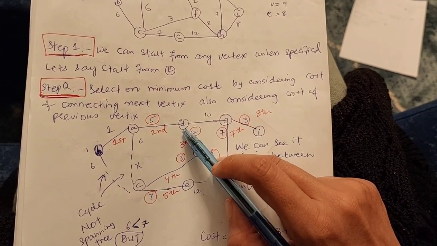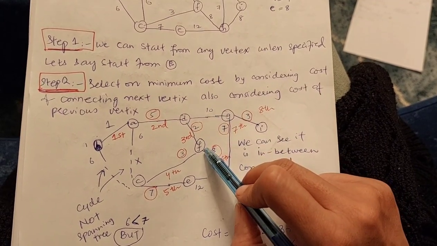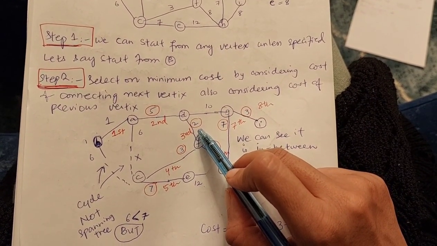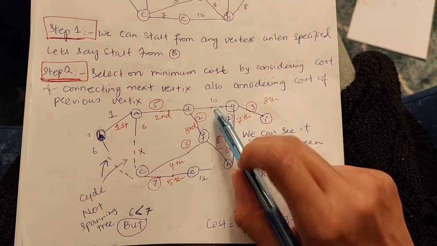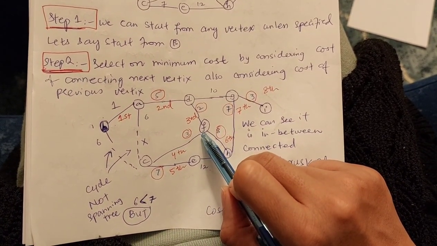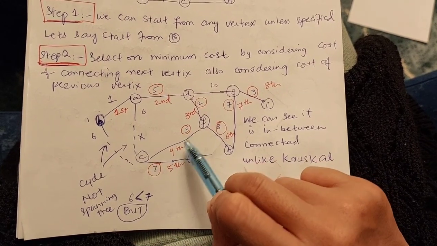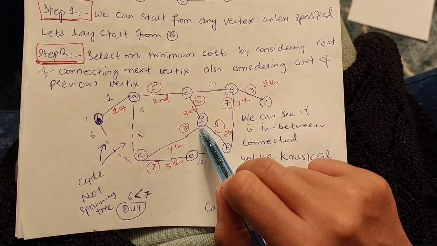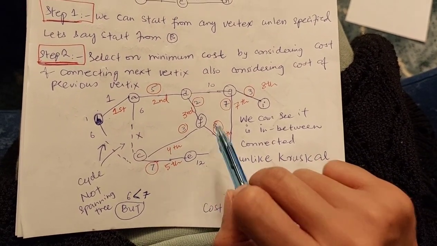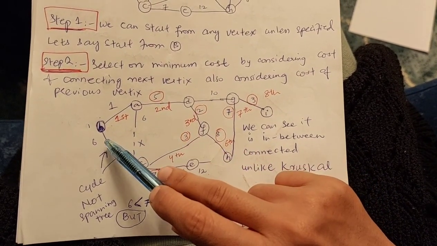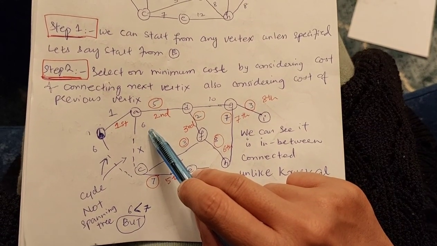Okay, so now the D point is connected with F with a cost of 2, and this D point is connected with G with a cost of 10, and this F point is connected with C with a cost of 3, and then F is connected with H with a cost of 8, and these are 6 and 6.